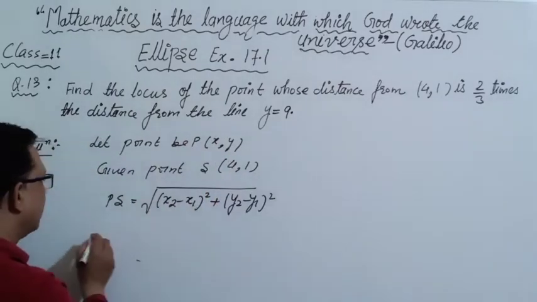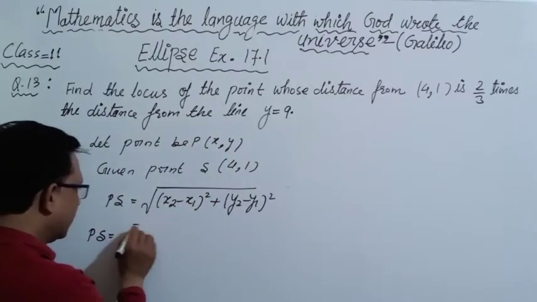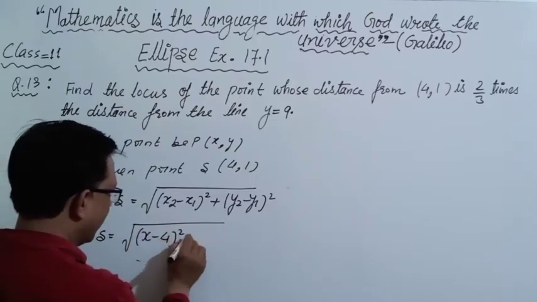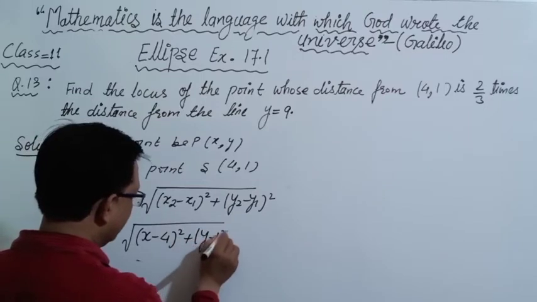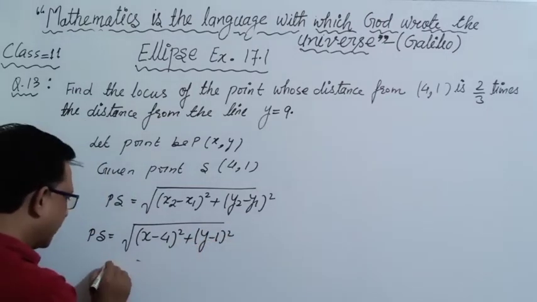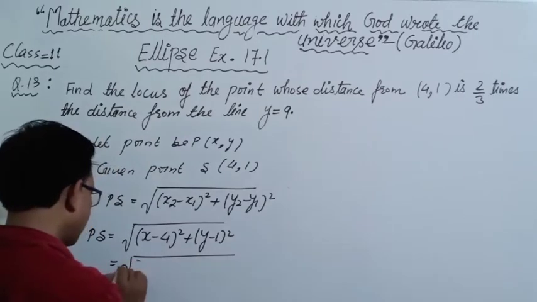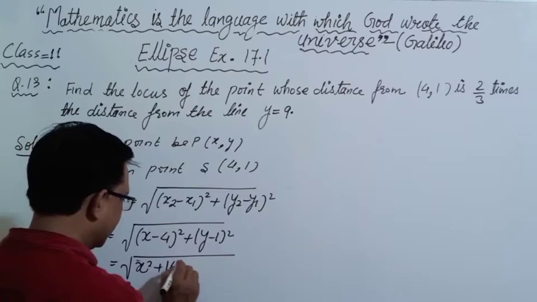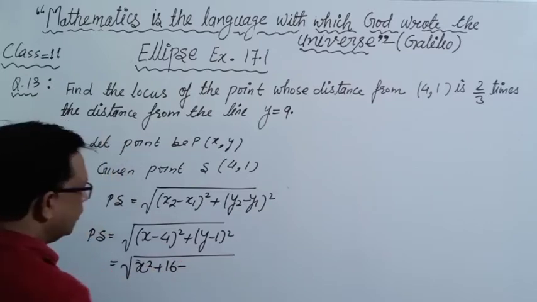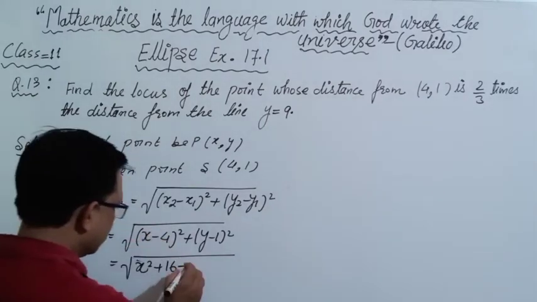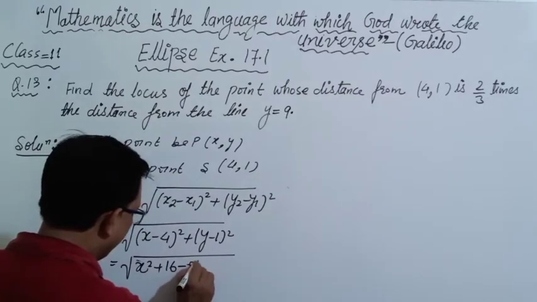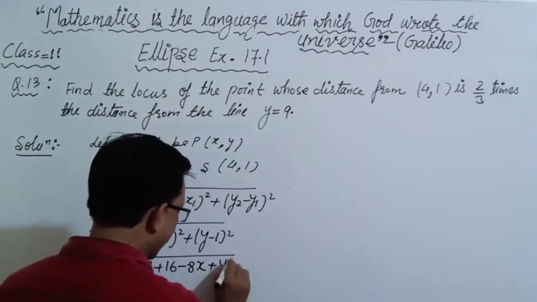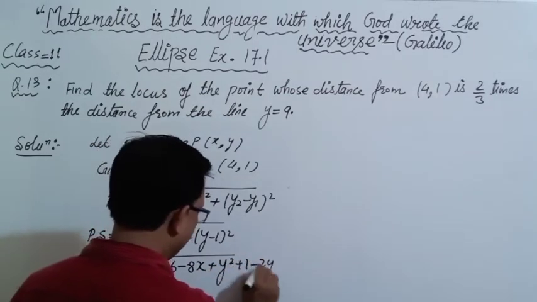Now we substitute the values here. So PS is equal to square root of (x minus 4) whole square plus (y minus 1) whole square. Now open the bracket. So this is x square plus y square minus 8x, and here y square plus 1 minus 2y.